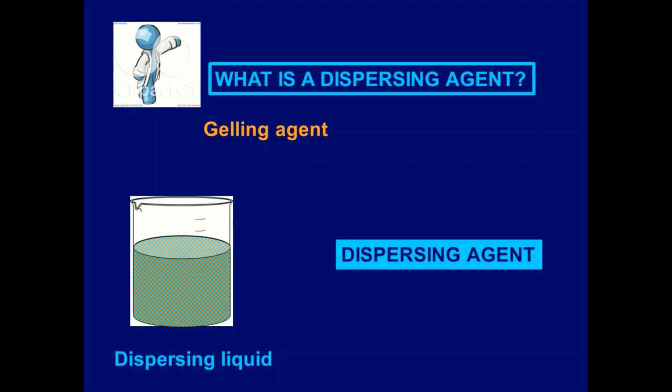So the gelling agent is well wetted now with the dispersing liquid due to the presence of the dispersing agent, and it can be soluble in the dispersing liquid, giving us the gel. A famous example of dispersing agents is propylene glycol. Also, glycerin may be used as a dispersing agent in gel preparation.